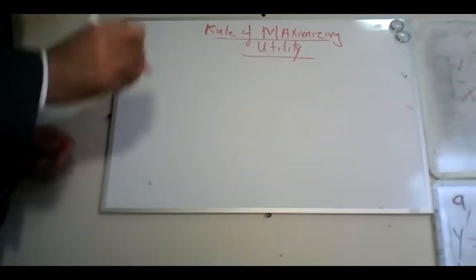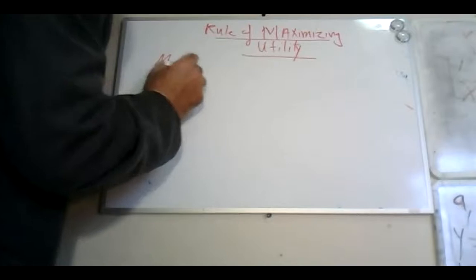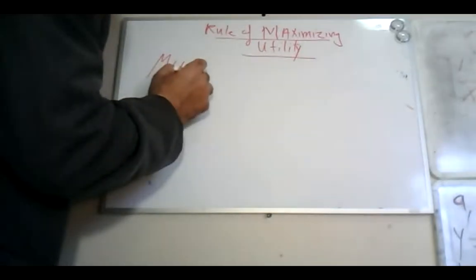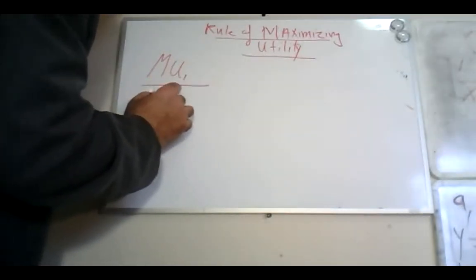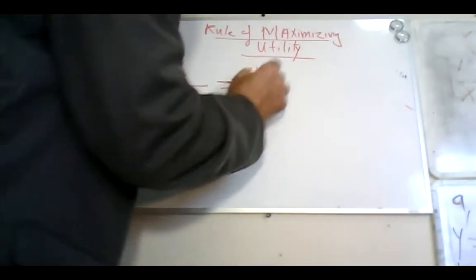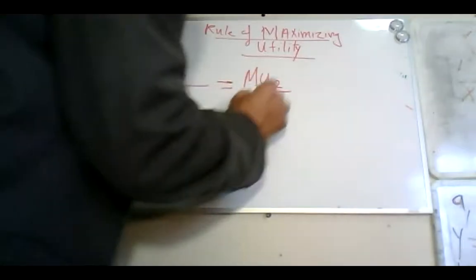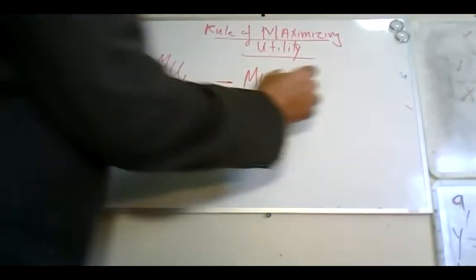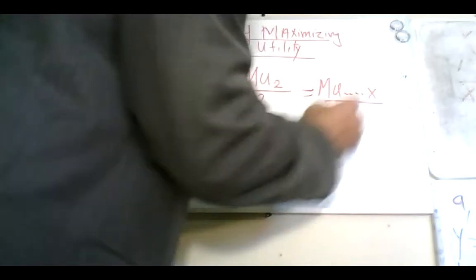It will happen when the marginal utility for product 1 divided by the price of product 1 equals the marginal utility of product 2 divided by the price of product 2, which equals the marginal utility of product x divided by the price of product x.